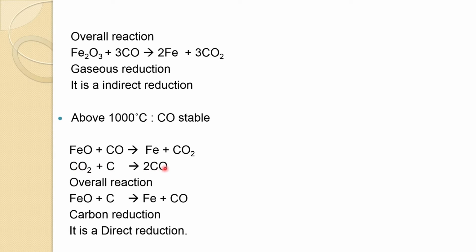So it again forms the CO. The overall reaction is FeO plus C equal to Fe plus CO. This is actually called the direct reduction, but it is not the carbon which is reducing iron oxide or wustite directly, it is via the gaseous phase that it is getting reduced, and that is why we said direct reduction. Otherwise, it is not that solid carbon is reducing it directly, that is not the case, as we had discussed before also.